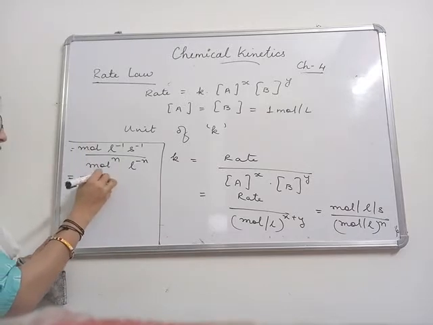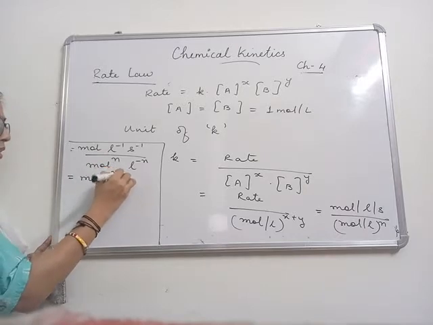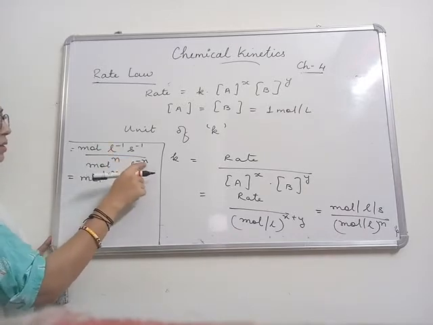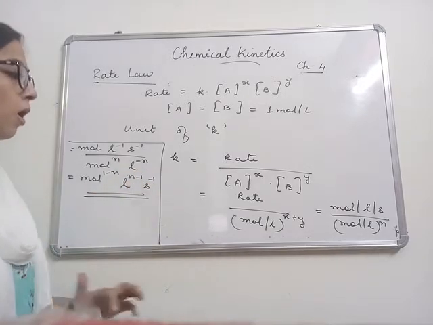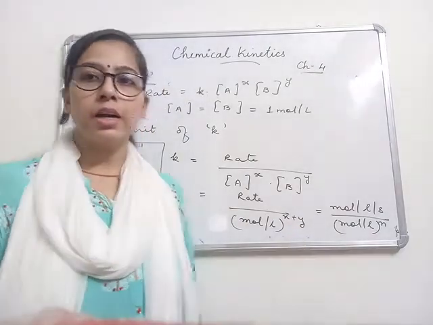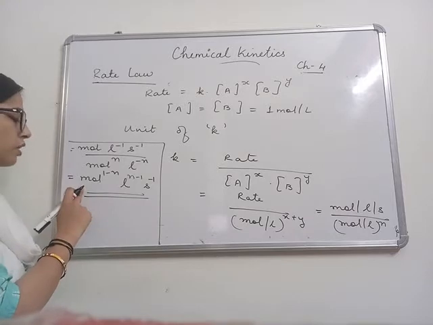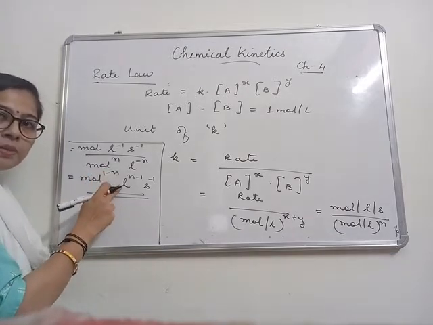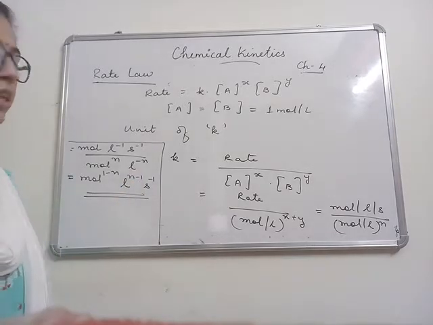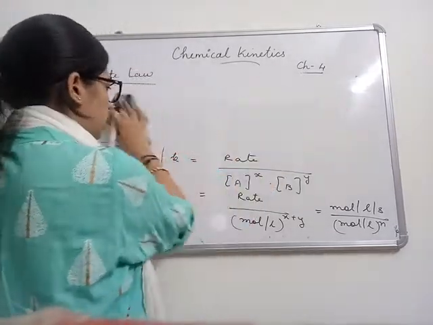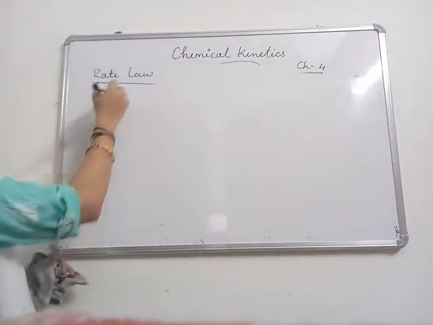So on making this will go in the numerator, -n हो जाएगा, तो this is 1 - n. लीटर⁻¹ है, ये प्लस n हो जाएगा, तो n - 1 सेकेंड इनवर्स. सो ऑर्डर क्या है, x प्लस y का सम क्या है, उसके रिस्पेक्ट में हम K की यूनिट निकाल सकते हैं. K इज हैविंग अ यूनिट मोल टू द पावर 1 - n, लीटर टू द पावर n - 1 सेकेंड इनवर्स. So to get the unit of rate constant K for any order reaction, order कोई भी हो, हम उसकी यूनिट निकाल सकते हैं.